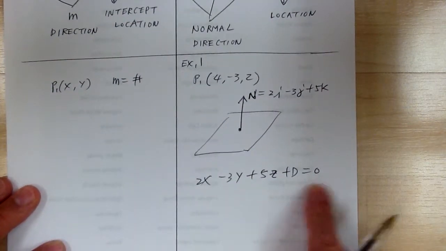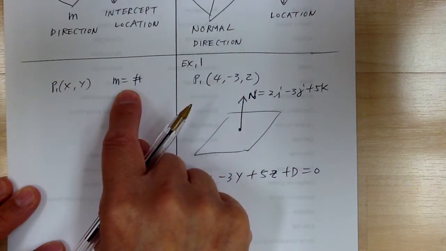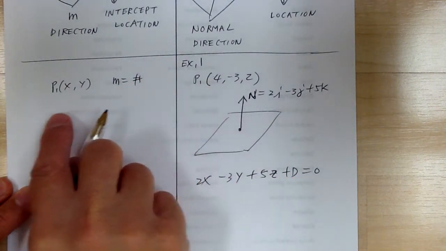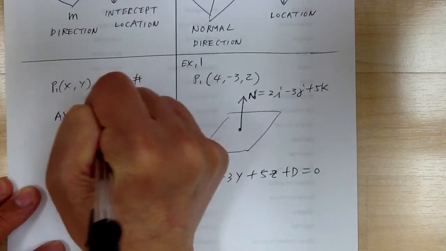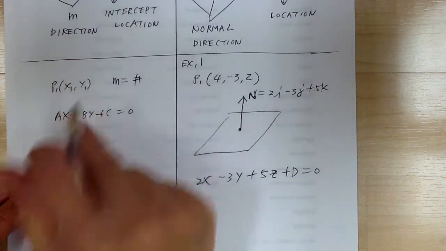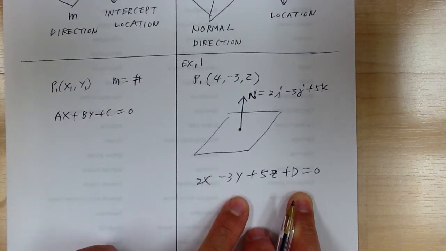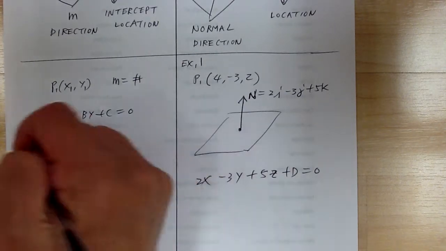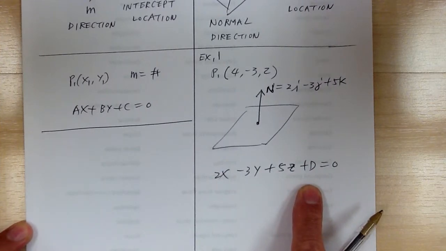Then to find d, just like over here with the slope, from the slope you get your point slope form, ax plus by plus c equal to 0, and then you substitute x1, y1 into the equation to get c. In the same way, I'm going to do it off to the side so I don't interfere with my major steps.